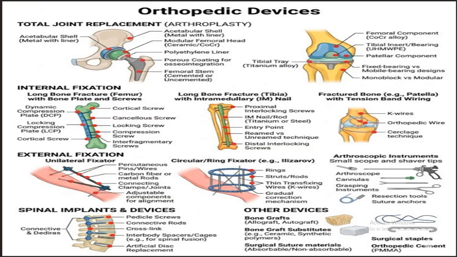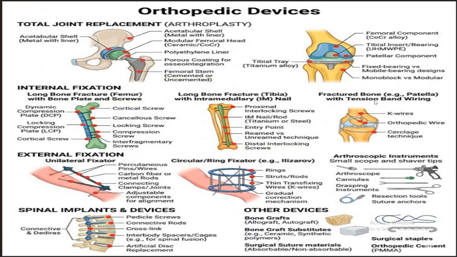Intramedullary means inside or in the middle of the bone, the medullary cavity. Here the physician will not place the screws directly, the physician will place the intramedullary rod in the middle of the bone or medullary cavity. So using an intramedullary rod also we have a few CPT codes. It is very important for you to check the code descriptions, whether the physician is documenting internal fixation or intramedullary rod.